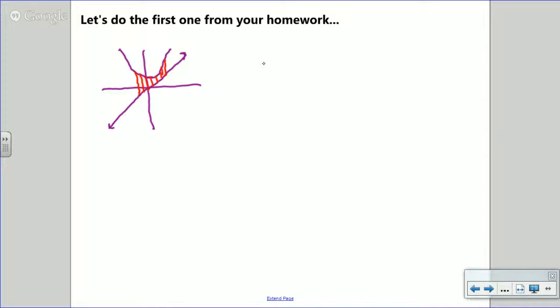All right, so I want to sum up a whole bunch of squares. And I want to go from what x value? Remember, perpendicular to the x-axis, right? Whatever it's perpendicular to is going to tell you if you use x values or y values. So in this case, perpendicular to the x-axis, so I need to know my x's here.